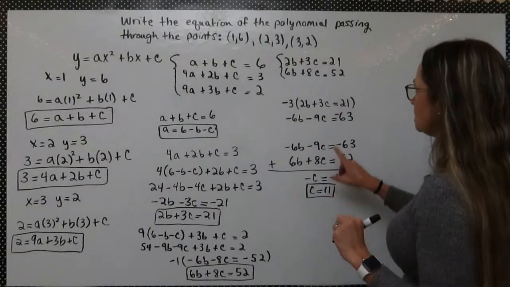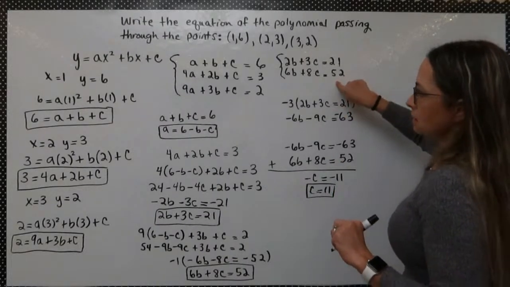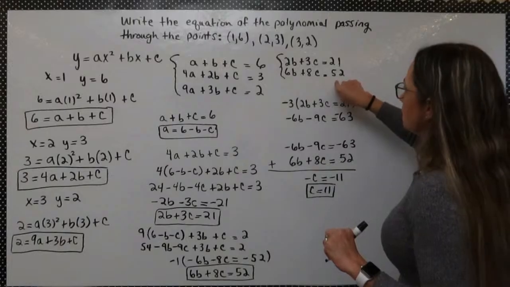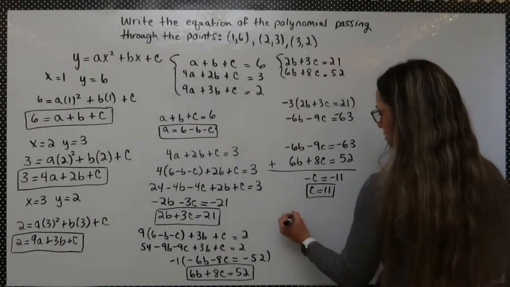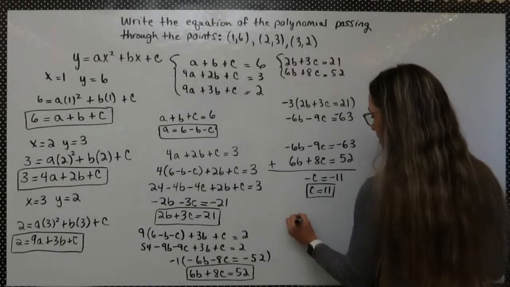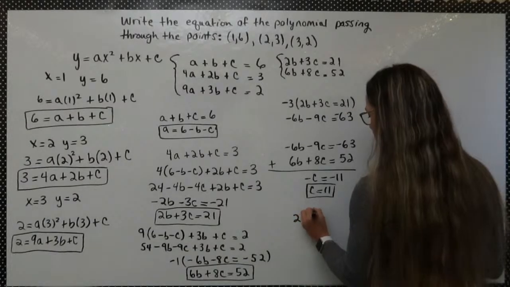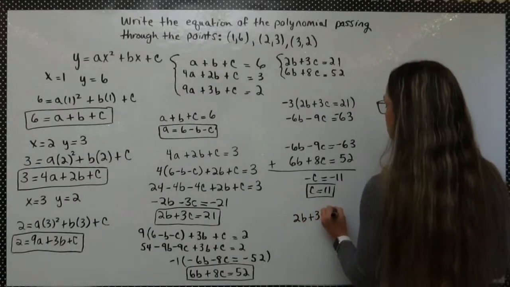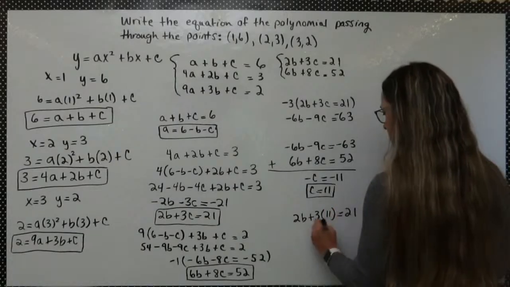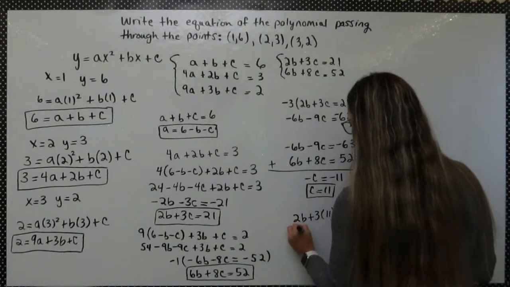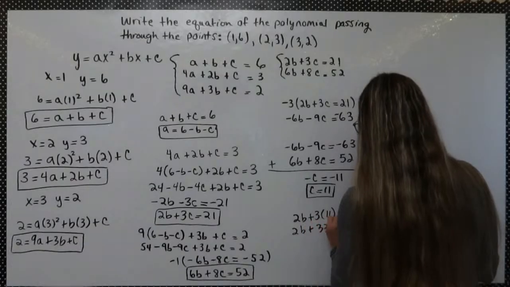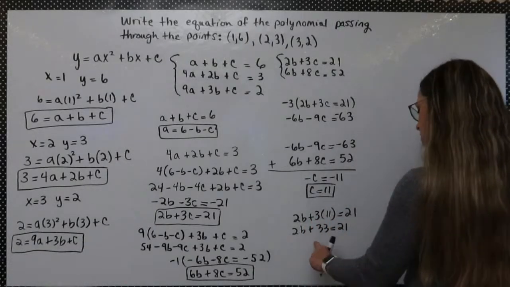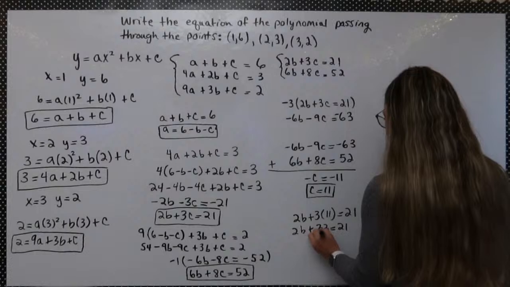Actually, we have c here. We can go ahead and figure out what b is real quick. So just take that top equation, 2b plus 3 times 11 equal 21. So that's going to be 2b plus 33 equal 21. Subtract 33 from both sides.